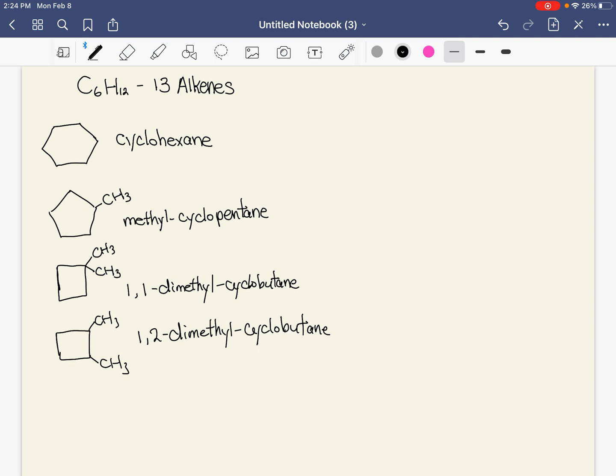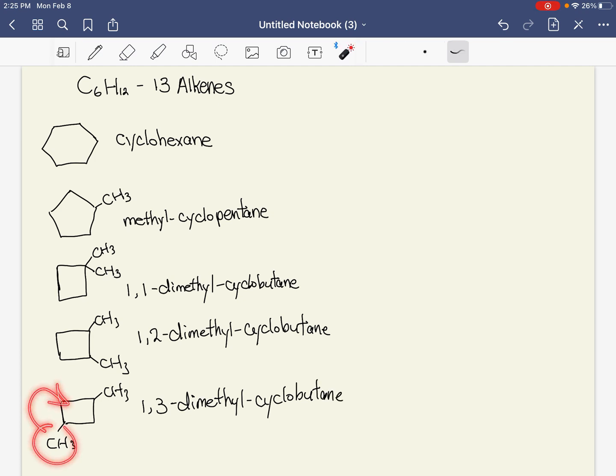Right? Hey, can I move more around? Sure, why not? You can do this. That's totally legitimate. That's 1,3-dimethylcyclobutane. Can I put this here and do 1,4?